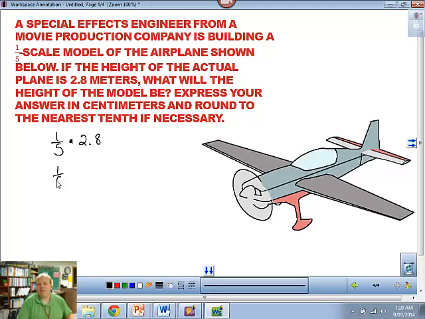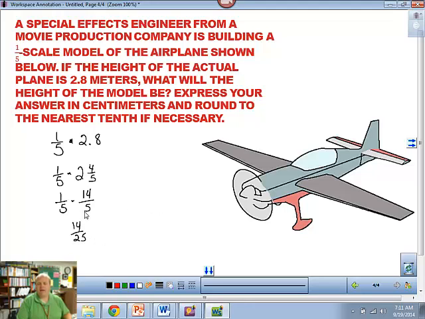So I'm going to have 1/5 times 2 4/5. Okay? Now I go improper. So 2 times 5 is 10, plus 4 is 14. So I have 1 over 5 times 14 over 5. Okay? Now I'm going to multiply across. I'm going to have 14 over 25.